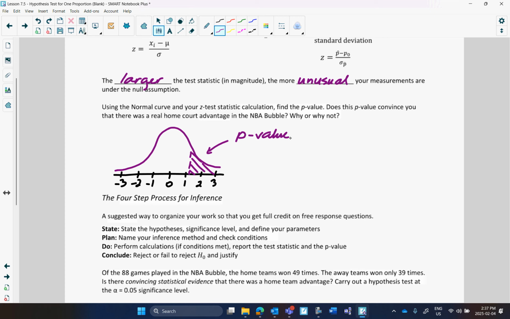And how do we find it? Well, we're finding an area of a normal distribution, which means normal CDF. What's the lower boundary? 1.08. What's the upper? 1,000 sounds good.